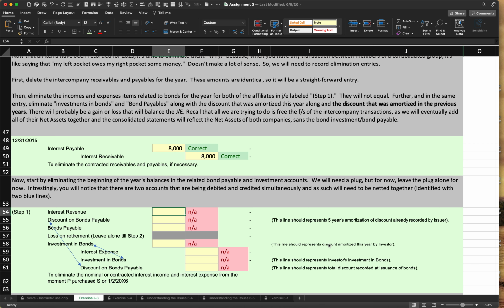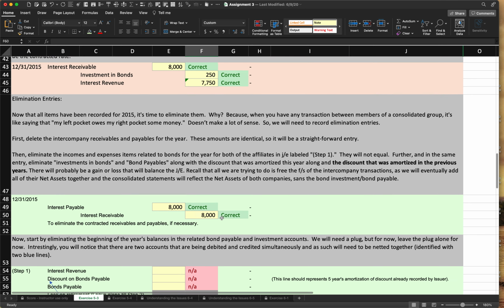Go ahead and eliminate the remaining items pertaining to the bond issuance, not only for the subsidiary, but also for the parent. For the parent, the items that we need to consider eliminating are the interest revenue that we recorded this year, the investment in bonds account, as well as any pertaining amortization of that investment in bond.